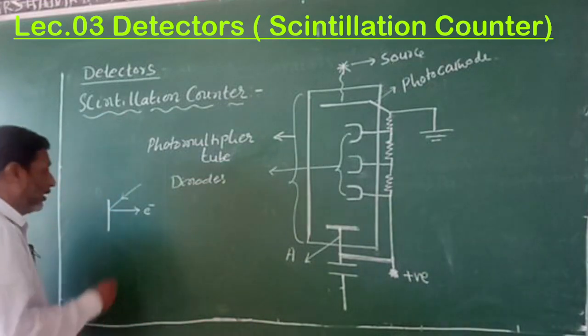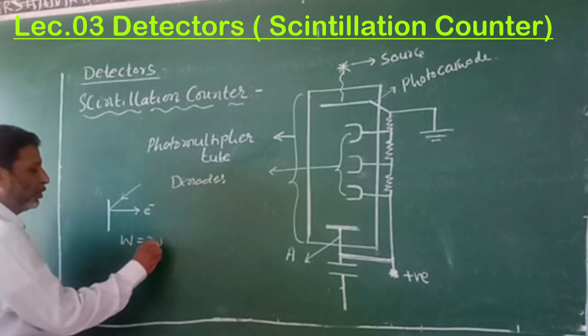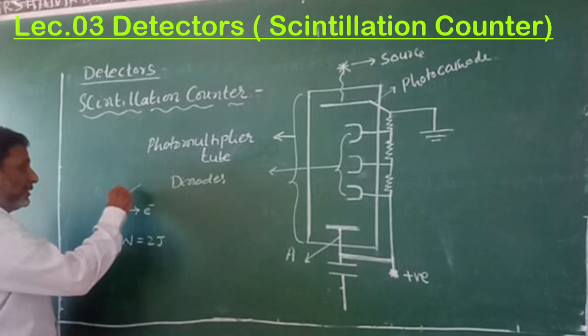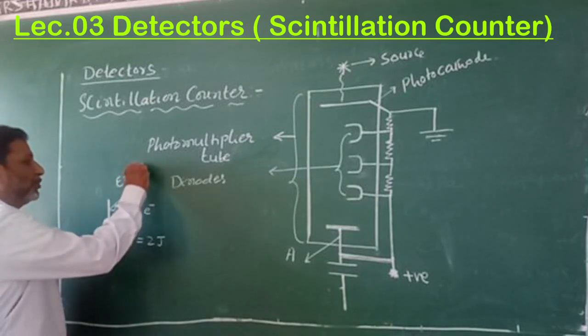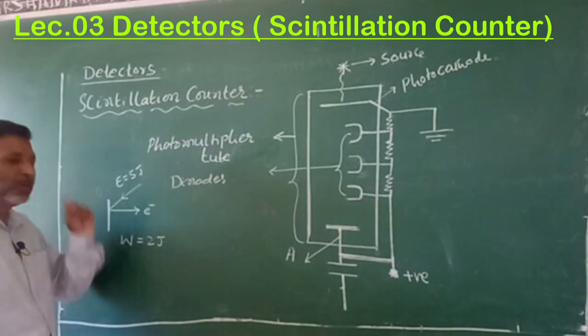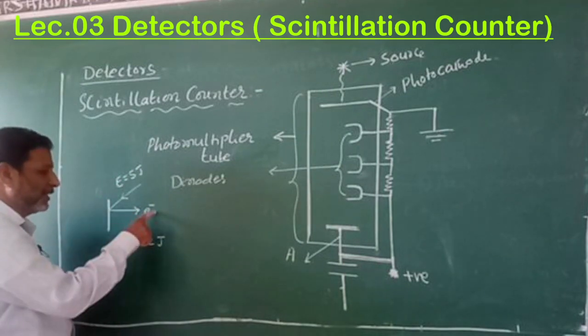For example, let us consider the work function is equal to 2 joules, and this is a photon of energy equal to 5 joules. When this photon is incident on the metal, it releases the electron.